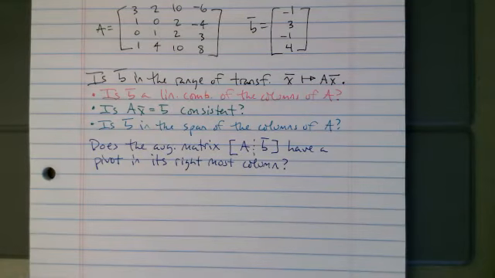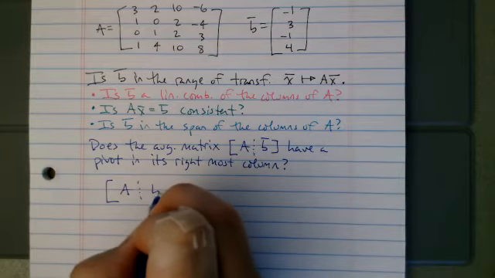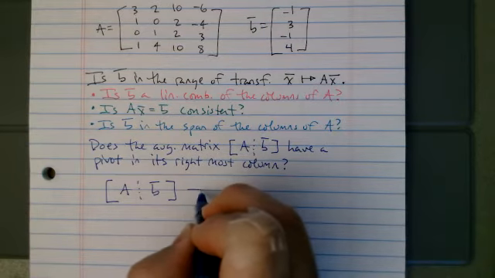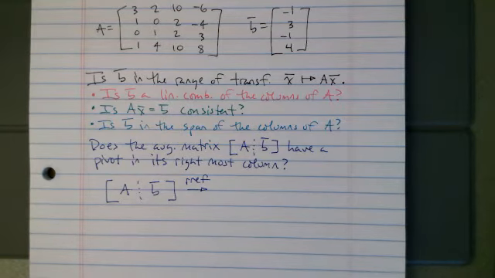We need an augmented matrix to determine if AX equals B is consistent. So what we need to do is find the reduced row echelon form of A, B and look at that last column.